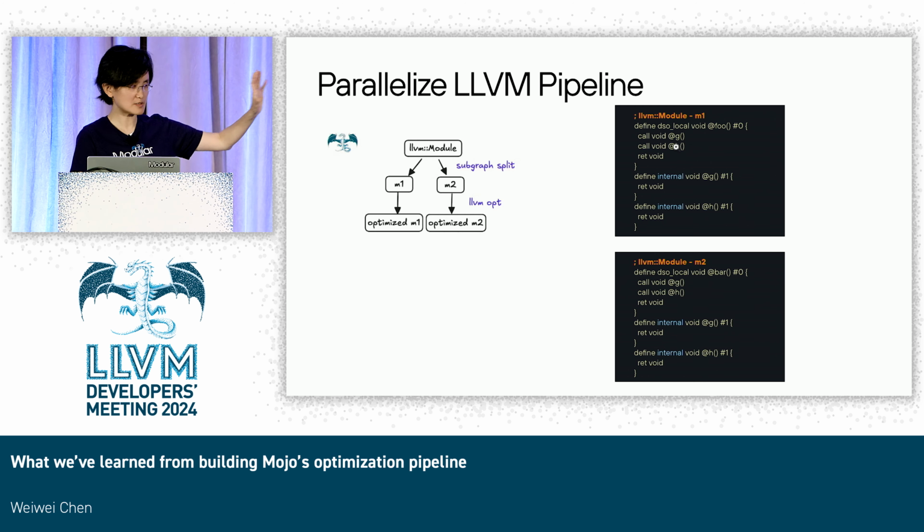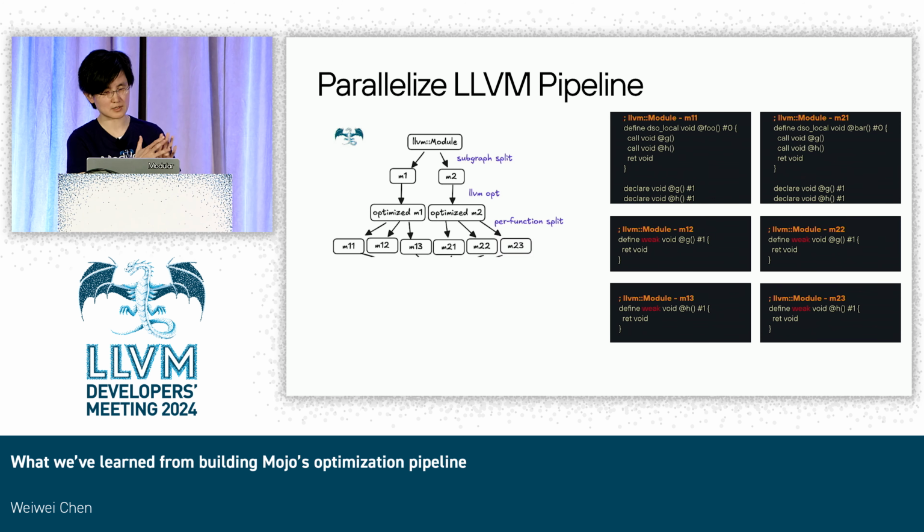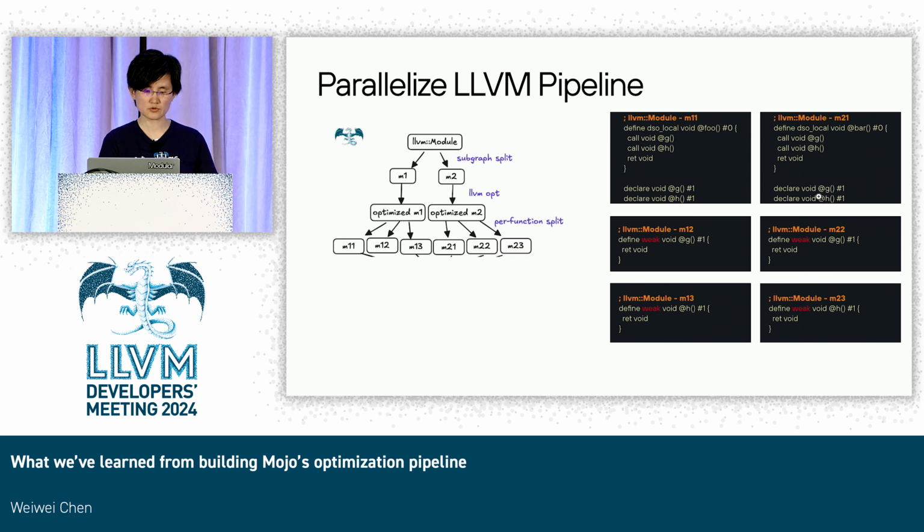And then with the subgraphs, we run the optimization, and we get optimized modules. Then we further split the optimized LLVM modules into per-function modules. So here now we have foo, G and H, and bar all in separate modules. We can run these through codegen. However, the duplicated code is still here.